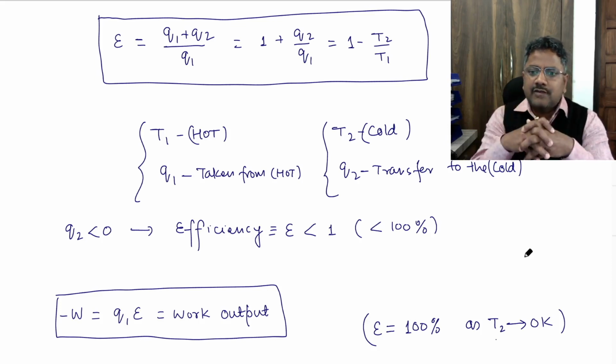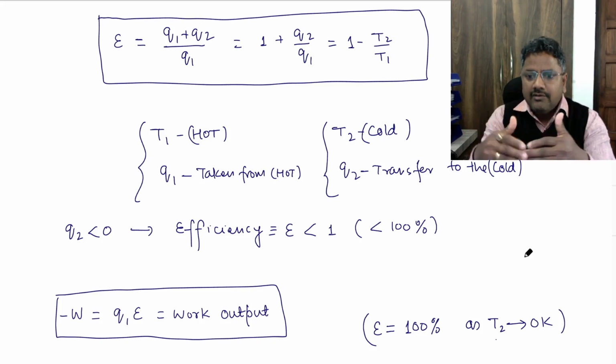So this ratio of Q by T is known as entropy, and this is the mathematical definition of entropy. I will define the physical definition as well, right?